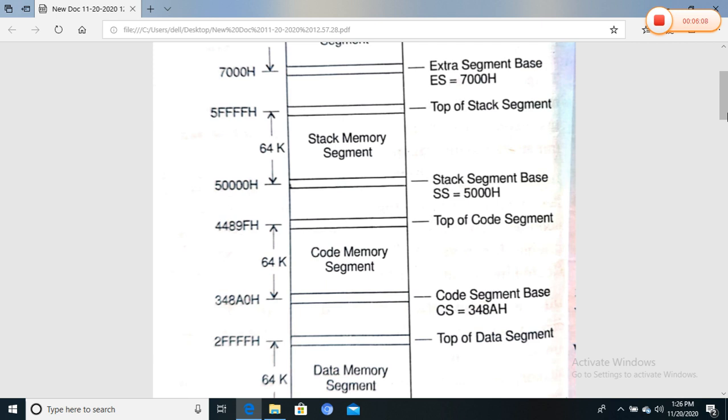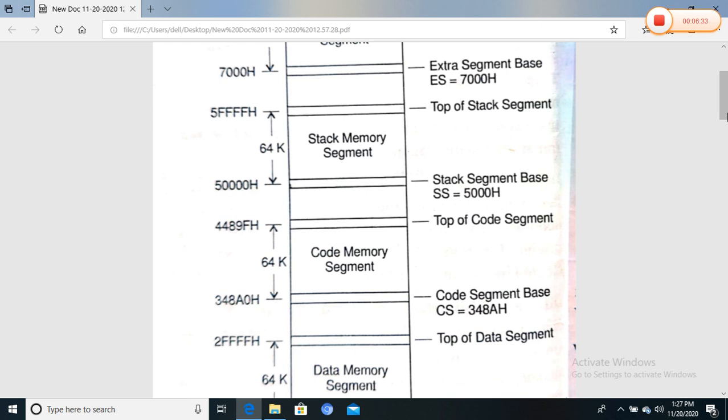By segmentation, we can use a multi-user time shared system. Programs and data can be stored separately from each other. The CS code segment memory holds the program code or instruction code.